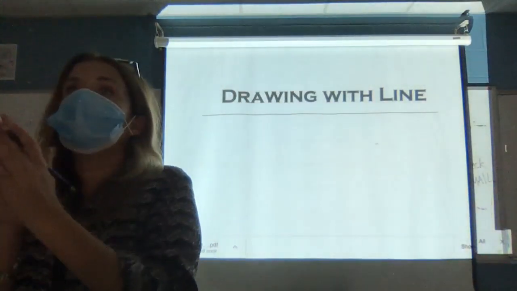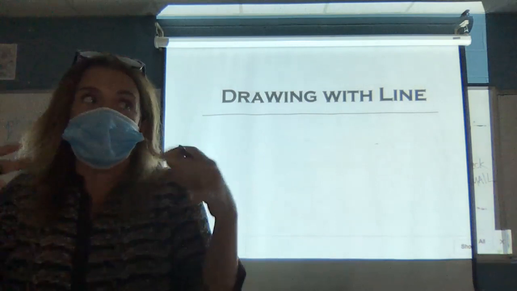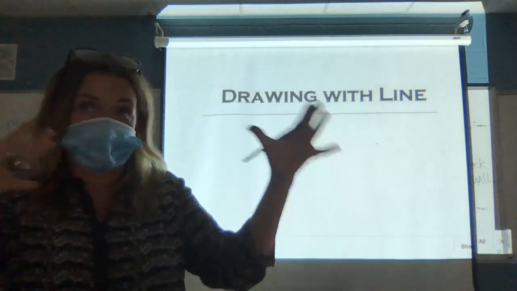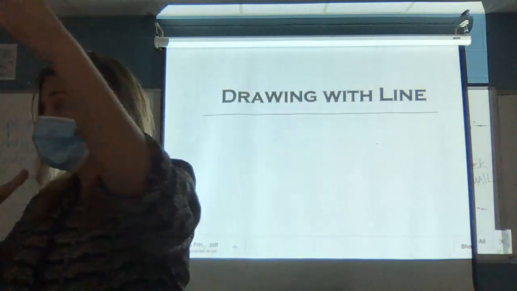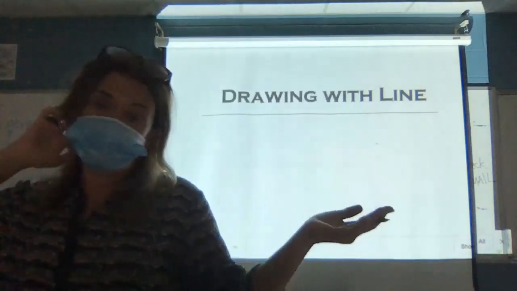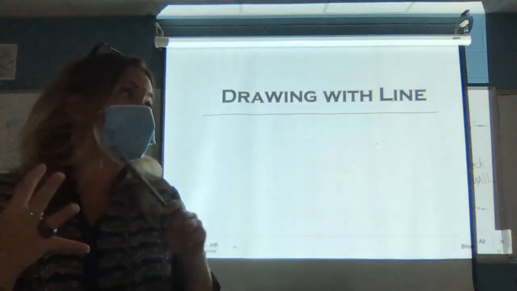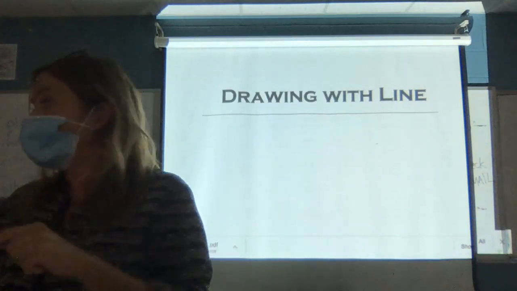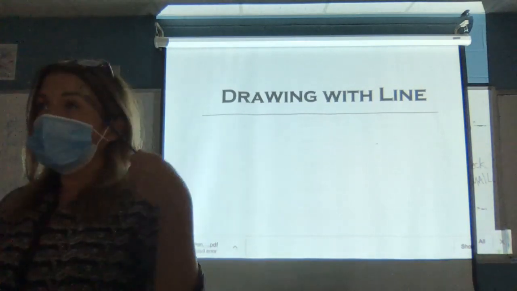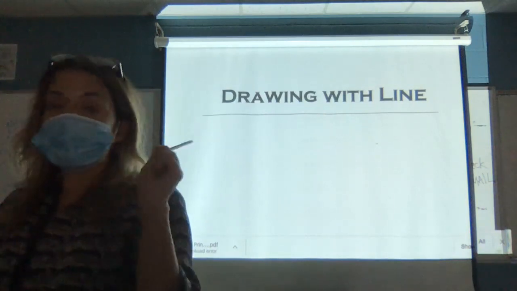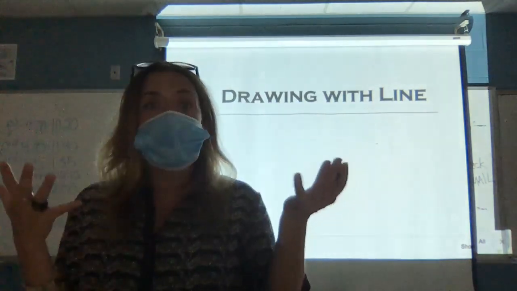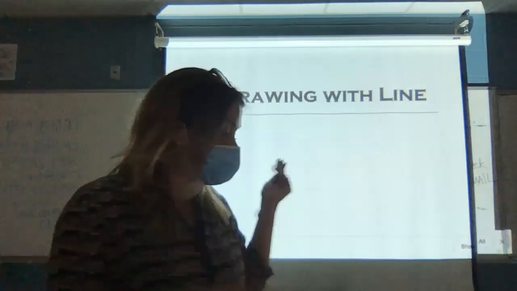In art, there are the elements of art, and then there's the design principles, and that's how we organize art. You probably in elementary or middle school might be familiar with the elements of art. They're line, value, space, color, texture, and form. And the beginning, you know, we like to start off is with line.